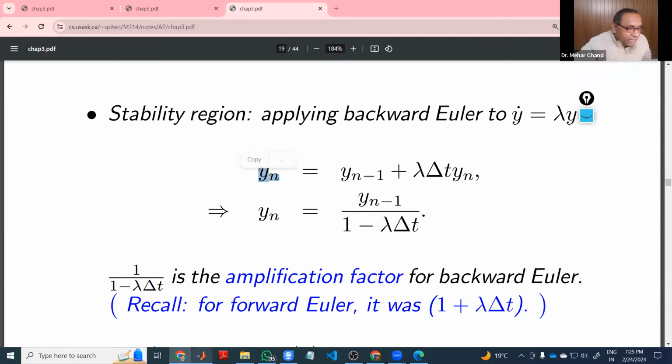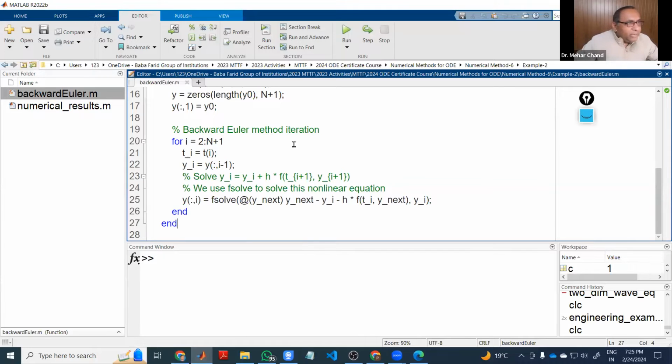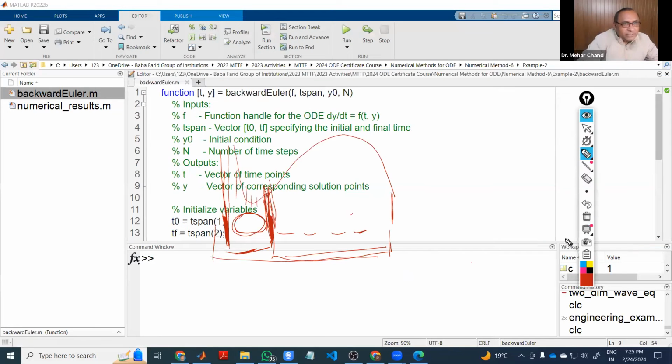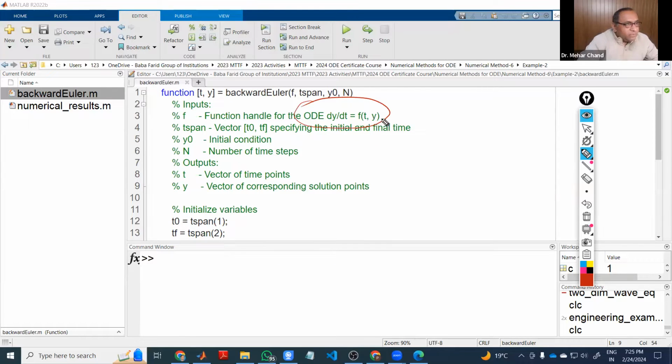So now we can come to the MATLAB. We need to create a function for backward Euler, and suppose we are given the differential equation dy/dt equal to f(t, y), and the time span is t0 to tf, where t0 is the initial and tf is the final time. The rest are the same: the initial condition and the number of points. The outputs we need are t and y.